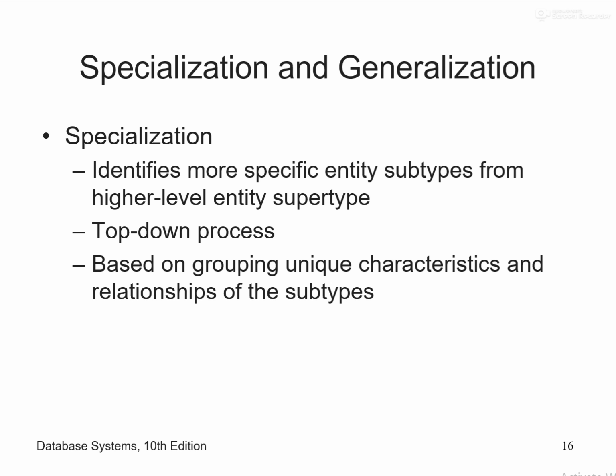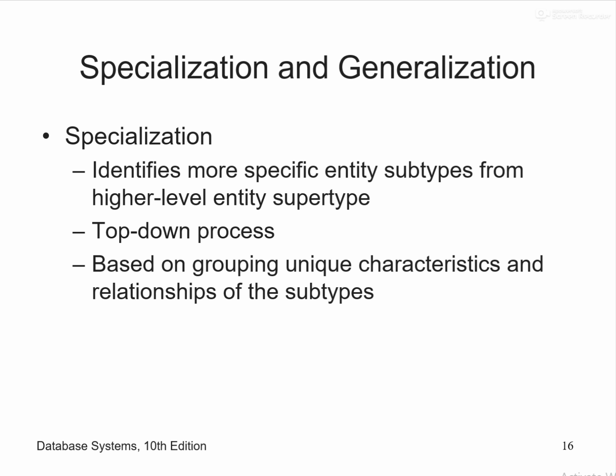Okay, how do we identify whether we have to group these entities into one supertype, or we have one generic entity and we have to divide it into several subtypes? For this we use different approaches. One approach is specialization and the other one is generalization.